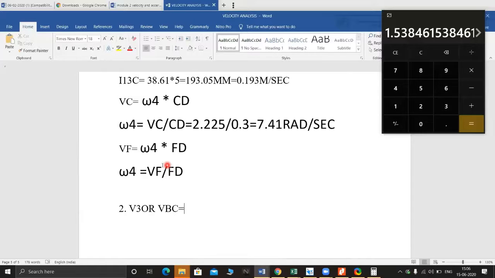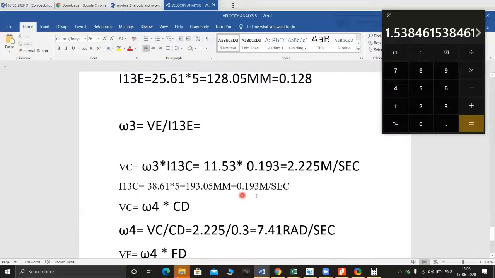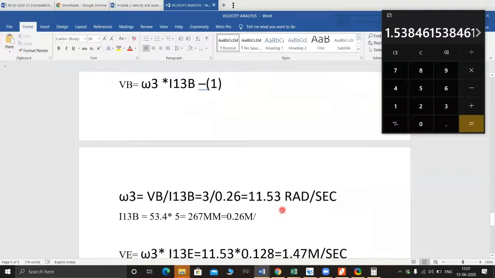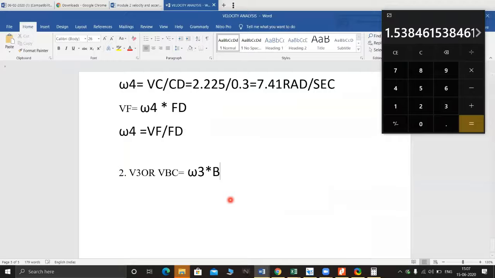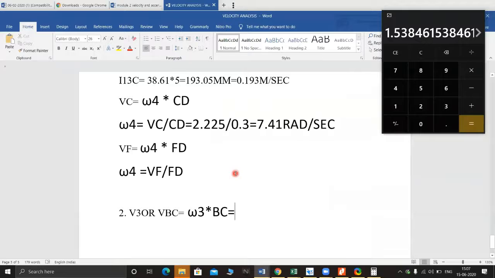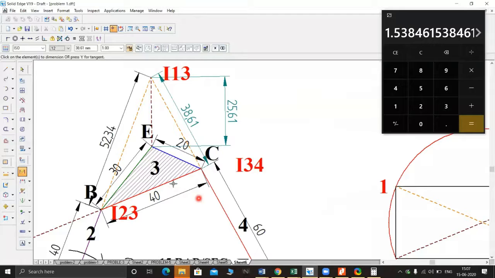VBC is equal to omega 3 into this distance, that is the BC distance. Omega 3 into BC, and BC is already given. Omega 3 we got is 11.53, right?